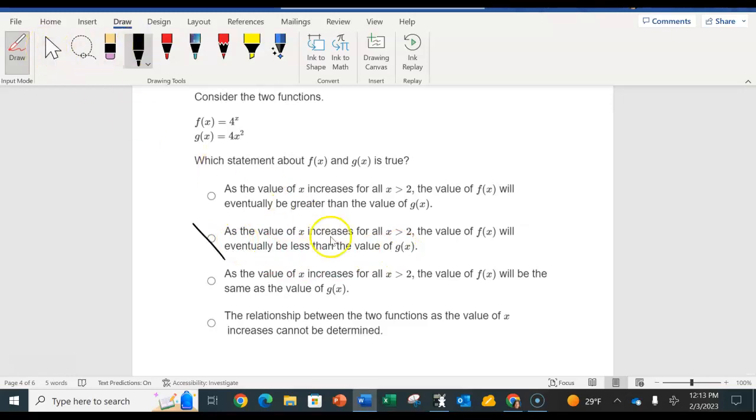And as the value of x increases for all x greater than 2, the value of f of x will be the same. That's not going to be true. And the relationship between the two functions as the value of x increases cannot be determined. That's not true either. So this one is going to be the first answer. F of x is exponential, so it is going to grow faster.